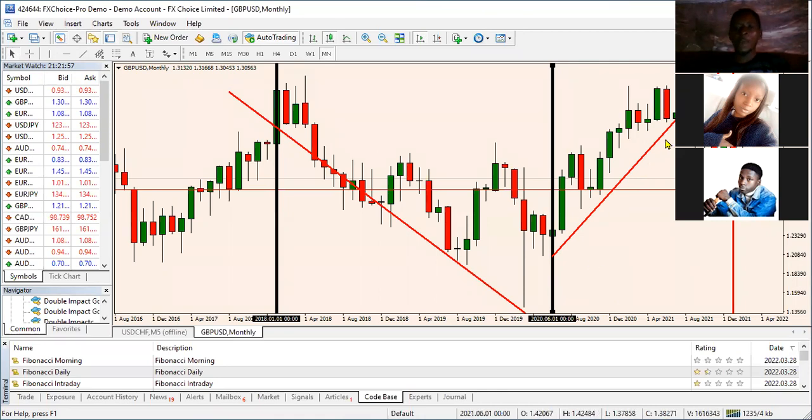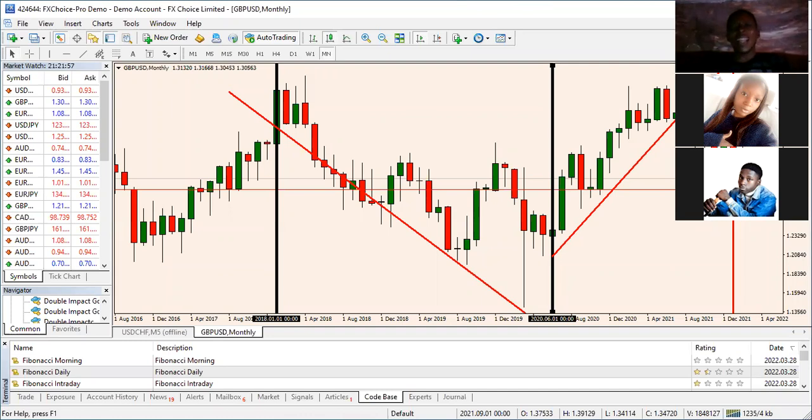Can you see it? Yes, sir. From this very point to this very red candle where my cursor is, we can easily say it's an uptrend.